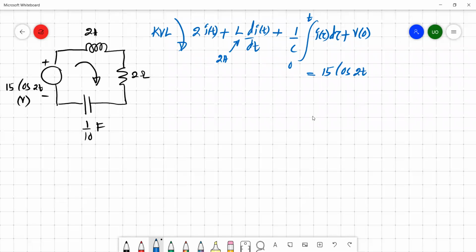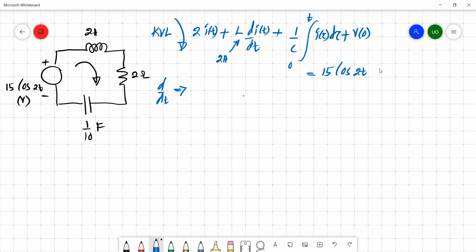So if you want to get the differential equation, we have this integral term. How do you remove the integral term? You can basically differentiate the entire expression with respect to t.